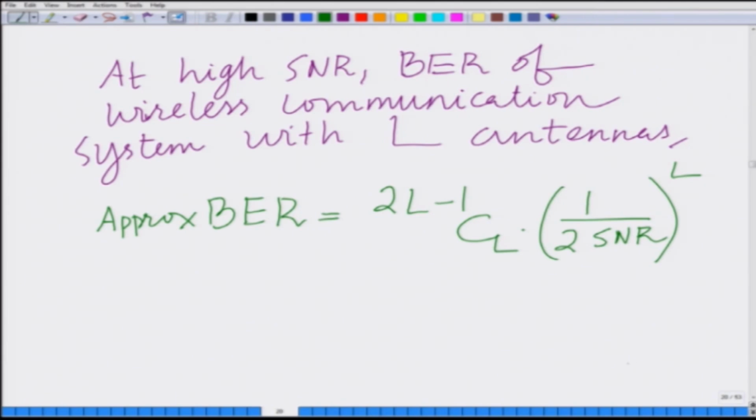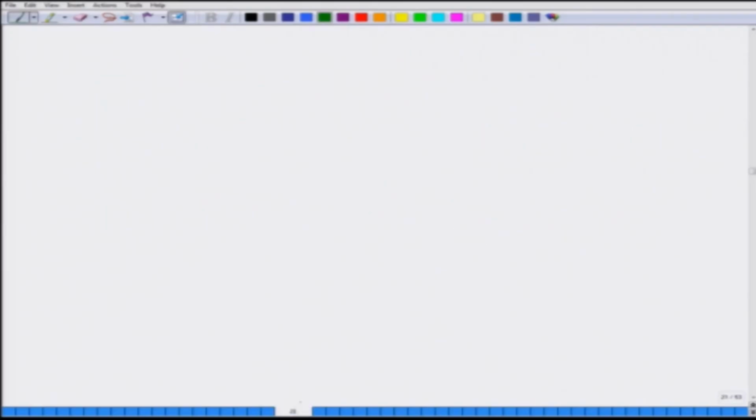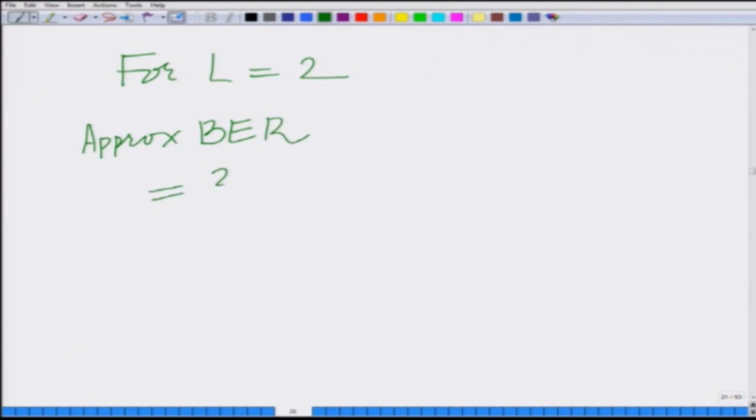Now, let us simplify this considering again L equal to 2 antennas. For L equal to 2, we have approximate bit error rate equals (2L minus 1 choose L) times (1 over 2 SNR) raised to the power of L, but L is equal to 2.